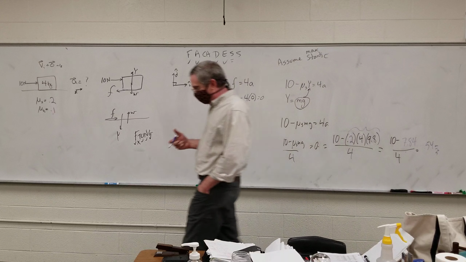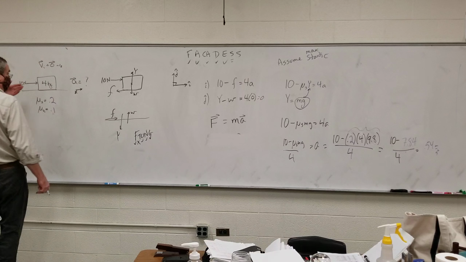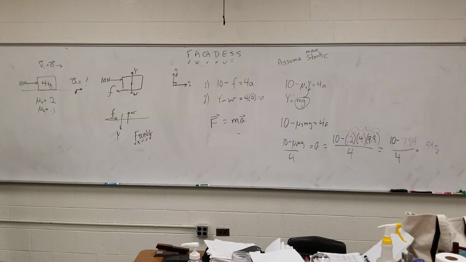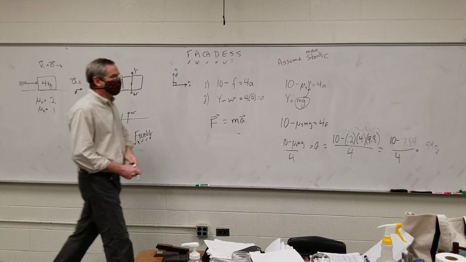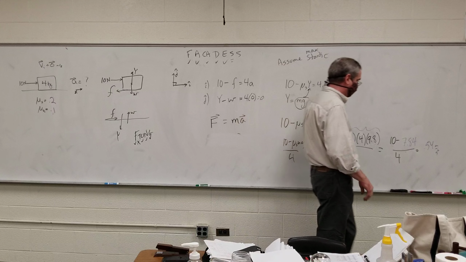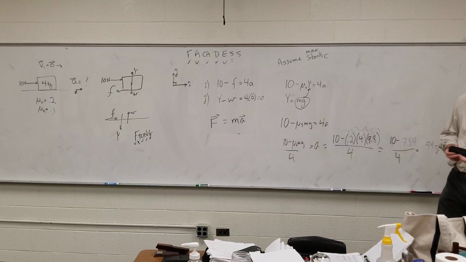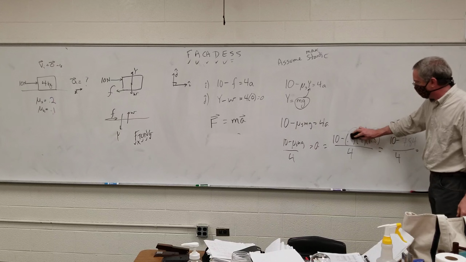So we see that we have a positive acceleration, and we were expecting a positive acceleration. Therefore, it is moving, and therefore, that's not the acceleration. Because once we establish that it is moving, it's kinetic. And so we change that.